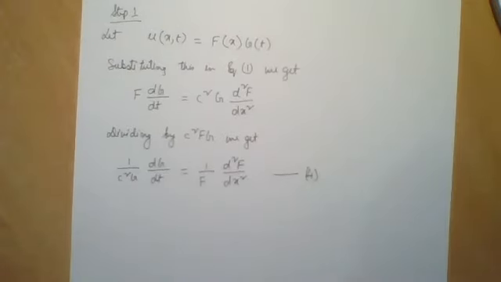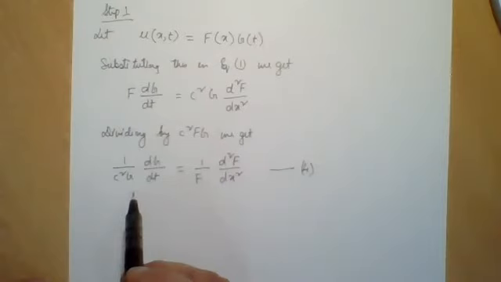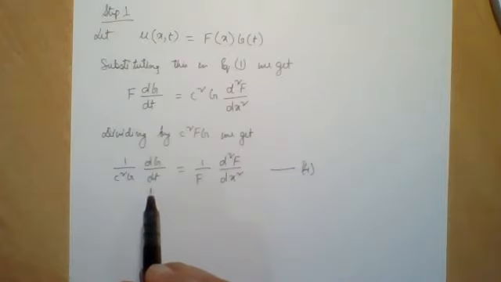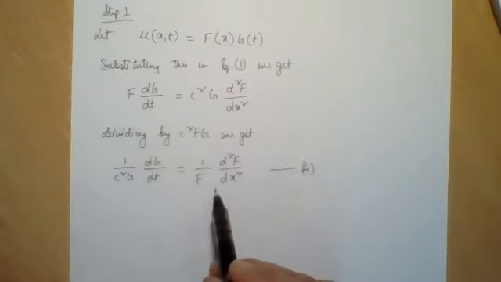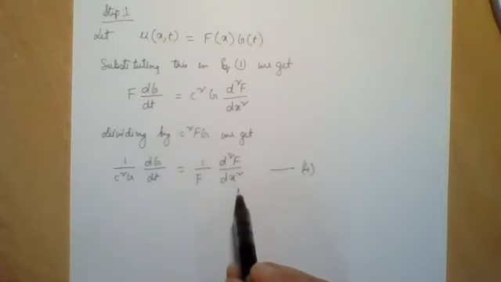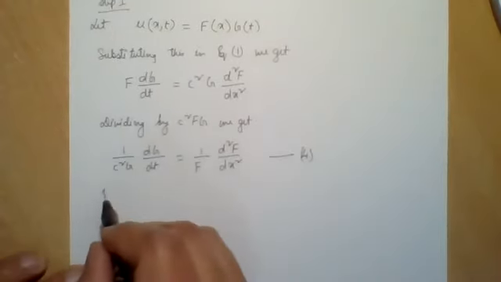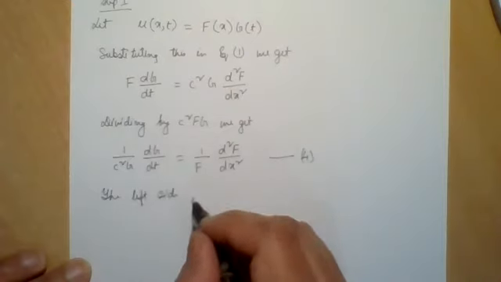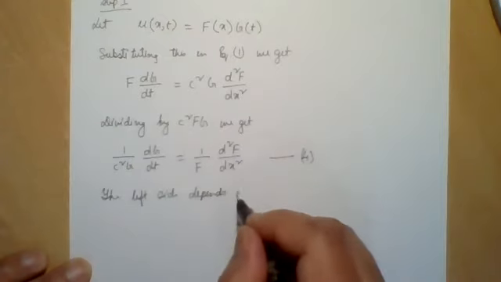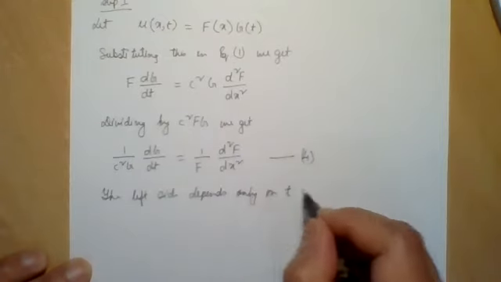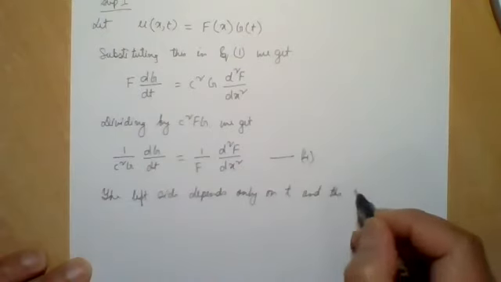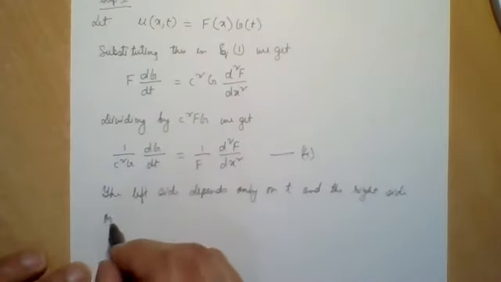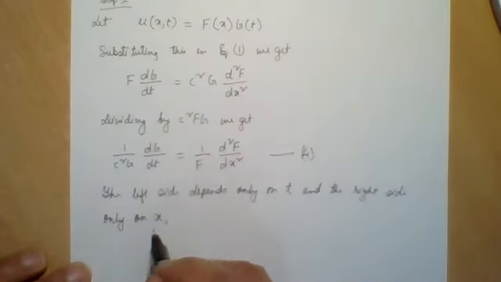Fine, so far so good. Now if we look at the left hand side, we see that the left hand side depends only upon the time t, while the right hand side depends only upon the variable x. So the left side depends only on t, and the right side only on x.